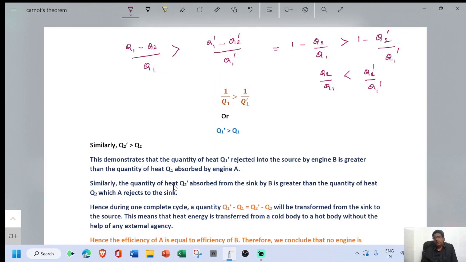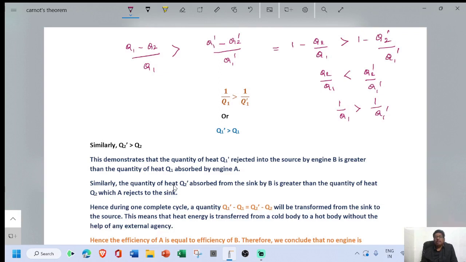Therefore, the value of Q1 should be lesser than Q1 dash, or 1 by Q1 should be greater than 1 by Q1 dash. From this, it is clear that the value of Q1 is lesser than the value of Q1 dash.